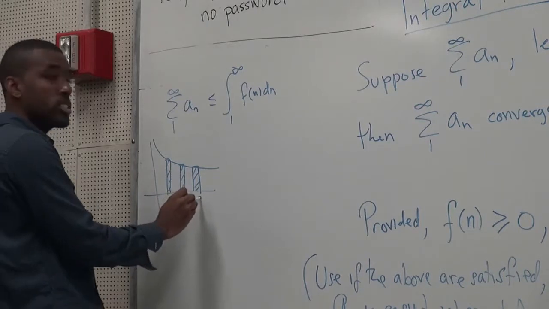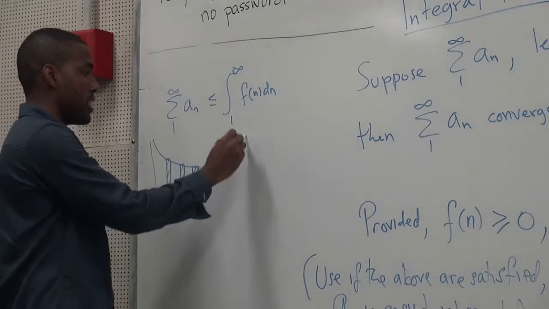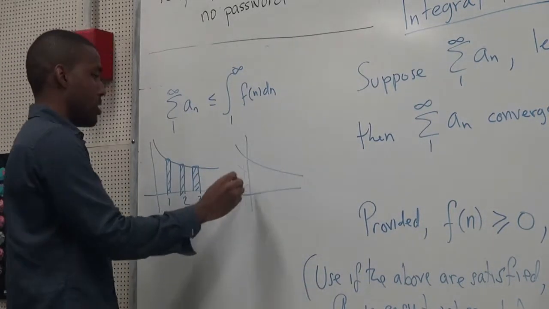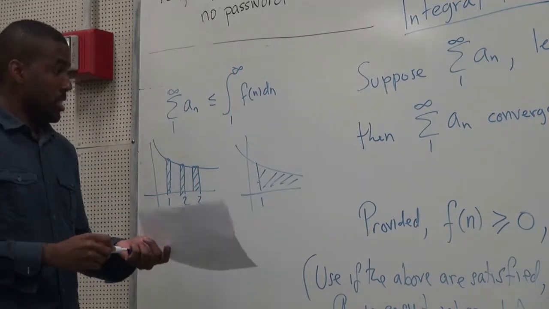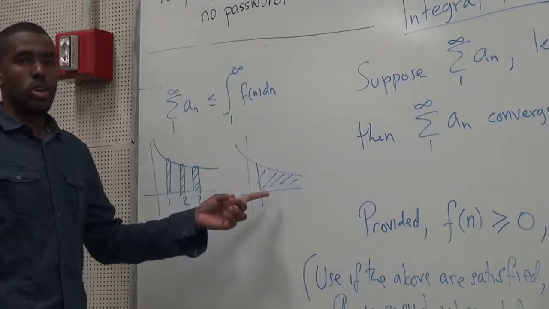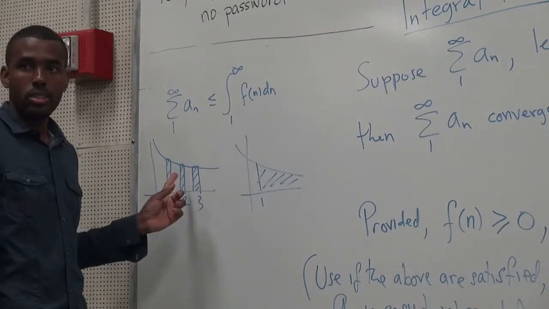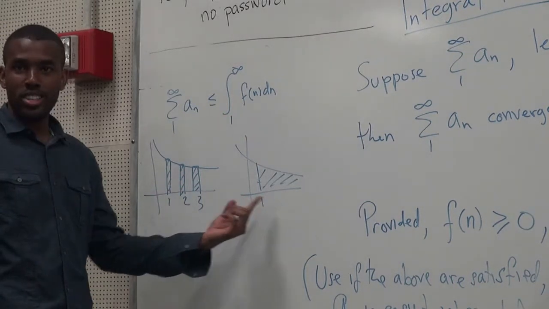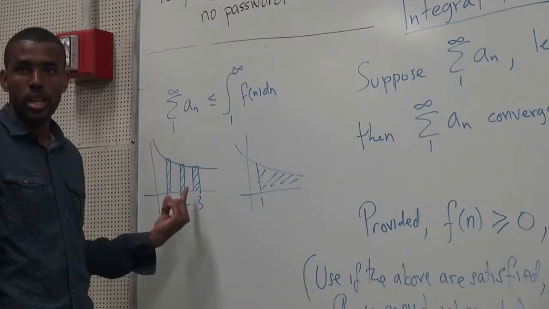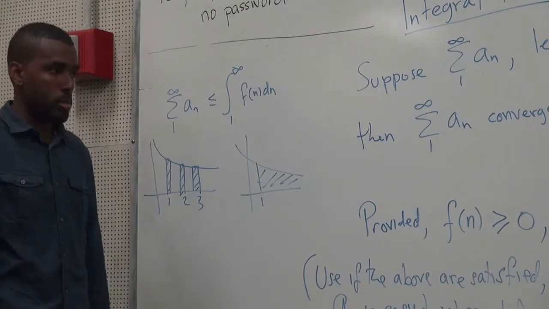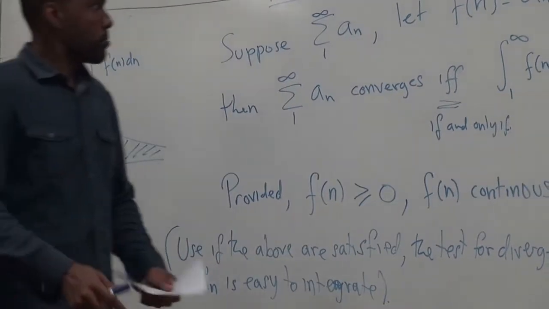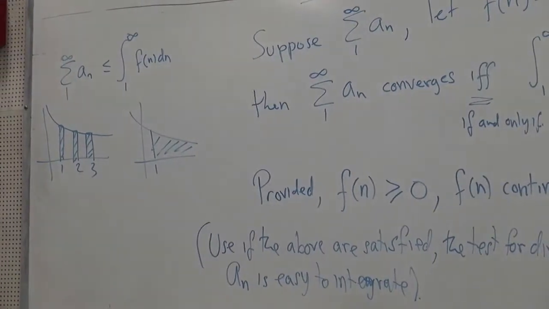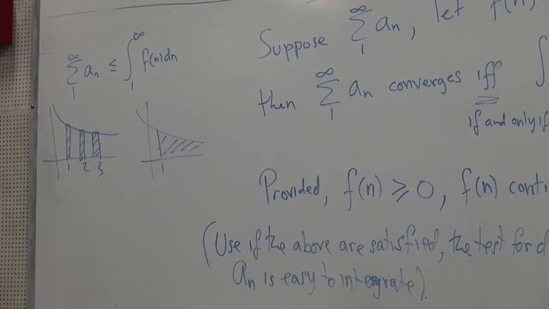It only works on the integer values, whereas if you're taking an integral, it'll work everywhere. So the integral always gives you a larger value than this guy does. So if this is a finite value, then surely that's a finite value because it's going to be less than it. That's the idea. The proof is more involved, but that's the idea behind it. So that's the integral test. Let me give you an example of the integral test.